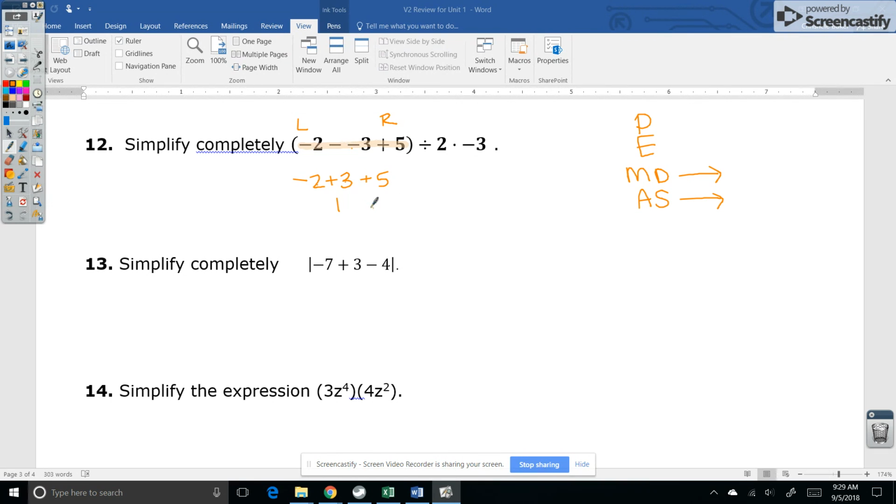Negative 2 plus 3 is 1, and 1 plus 5 is 6. I'm going to copy everything else down. Now I'm going to work with multiplying and dividing from left to right again. So 6 divided by 2 is 3, and 3 times negative 3 is negative 9.